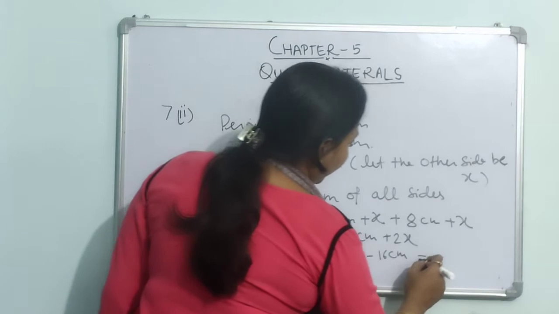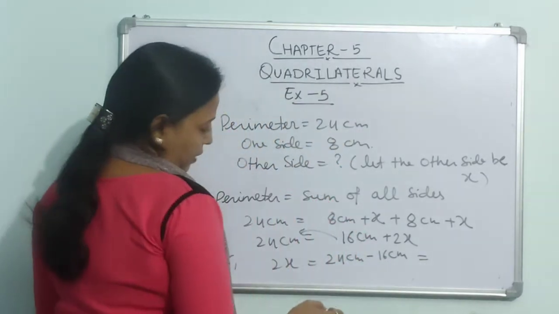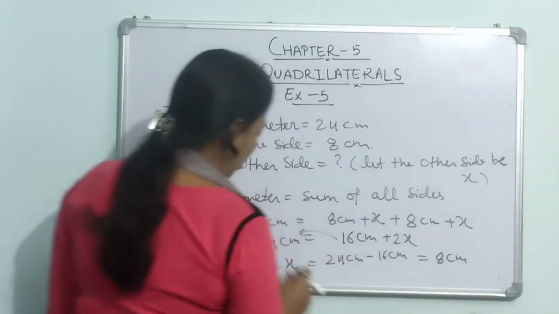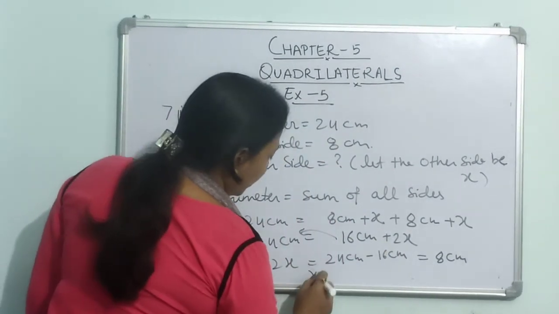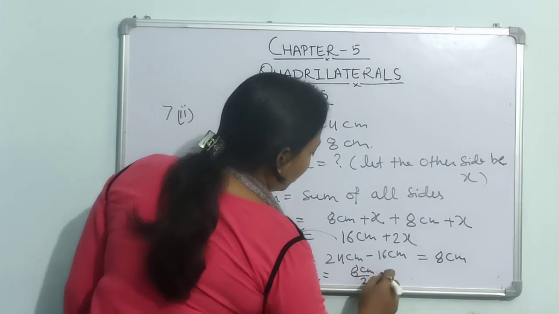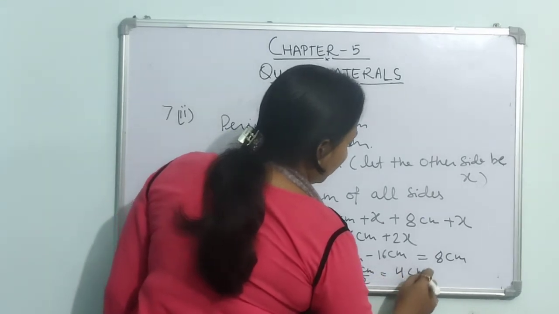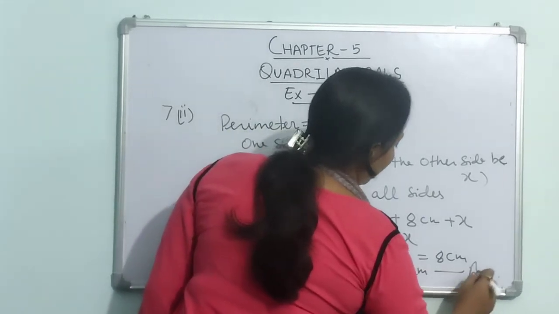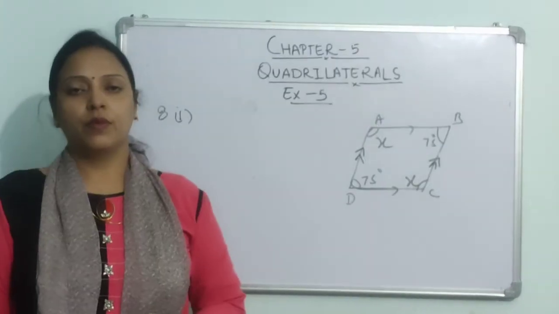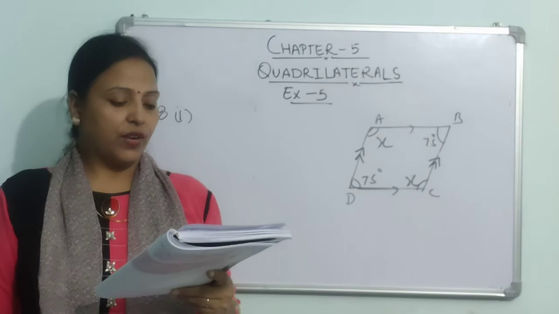You subtract, what will you get here? 8 centimeter. 2x is equal to 8 centimeter, then x is equal to 8 centimeter by 2, that is 4 centimeter. So other side is equal to 4 centimeter. This is your answer.